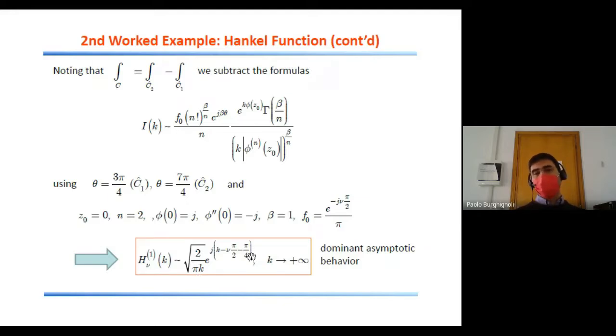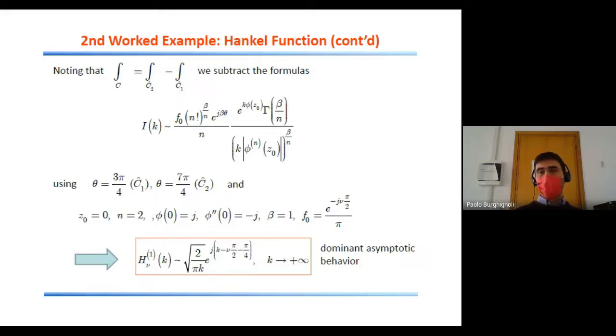Now, similar considerations could also be done for the other Hankel function, that of order 2, in which we would find exactly the same formula but with a minus sign in the exponent. So one of those two functions represents outgoing waves, the other one represents ingoing waves. Which one of the two represents the outgoing or the ingoing? That depends on the convention on time that you have chosen.